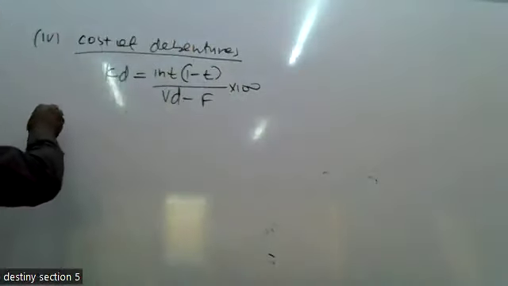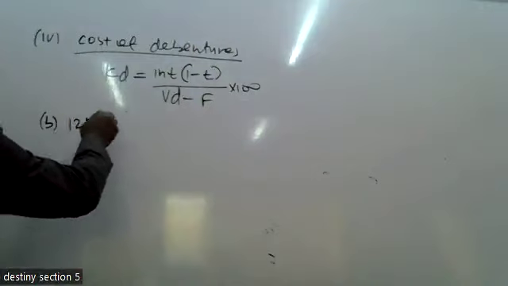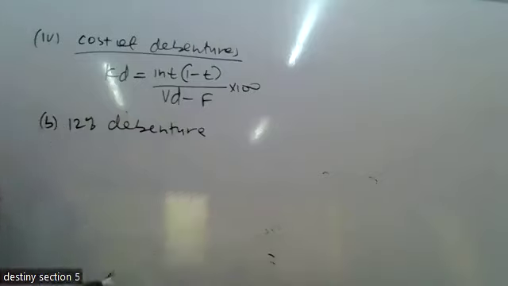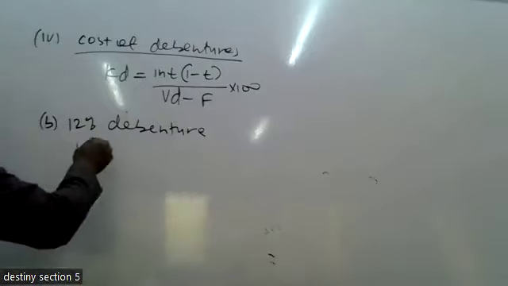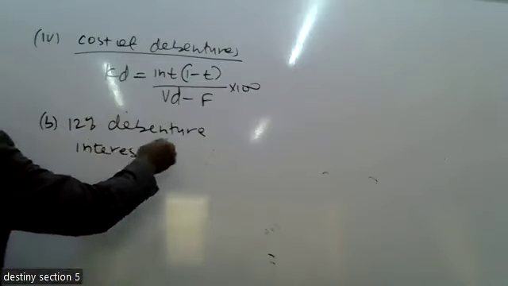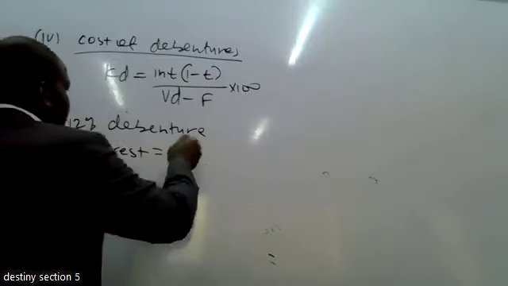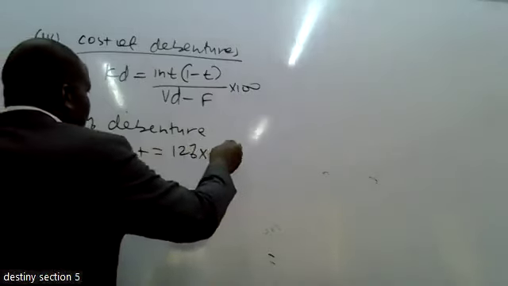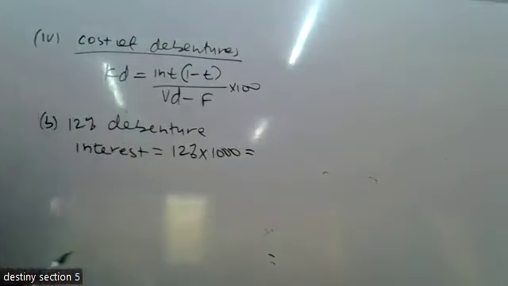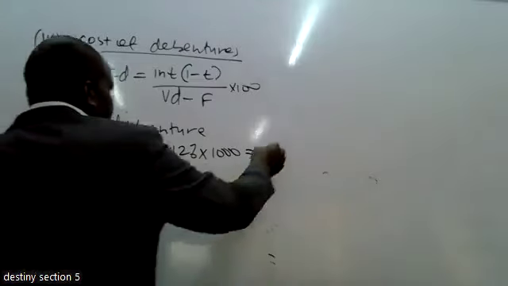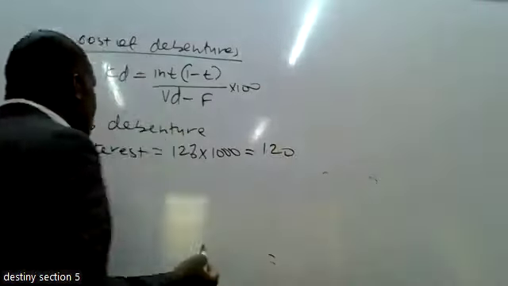12% debt or debenture. So for the 12% debenture, we start again with calculating interest. Interest is always computed on the par value, so you get 12% of the par value, which is 1,000. So this will be 120.